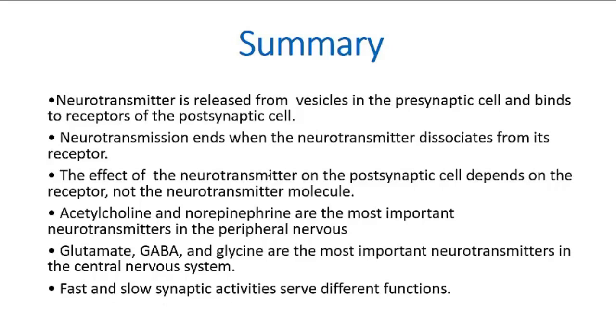Fast and slow synaptic activities serve different functions. Fast activity is required for athletic performances, communication skills, other higher functions and sensory motor coordination, while slow activity is required for learning and memory. That in a sense is the gist of this topic.